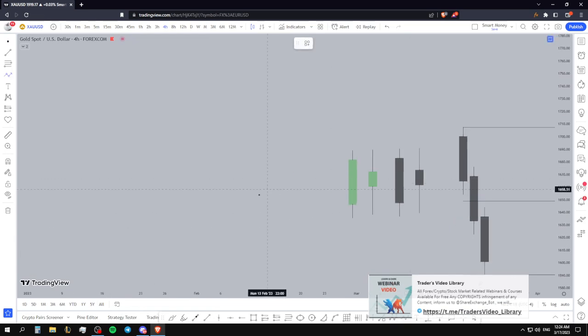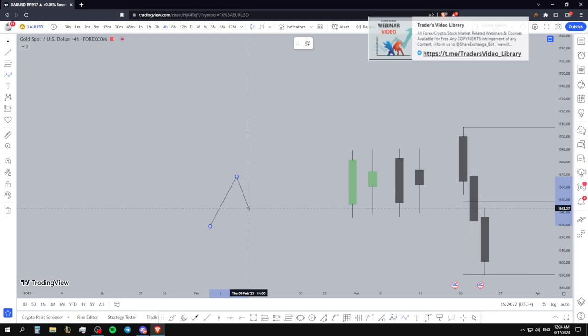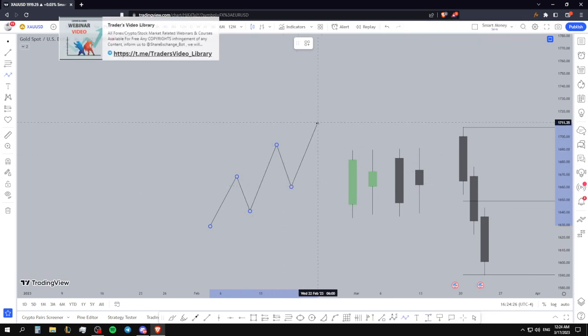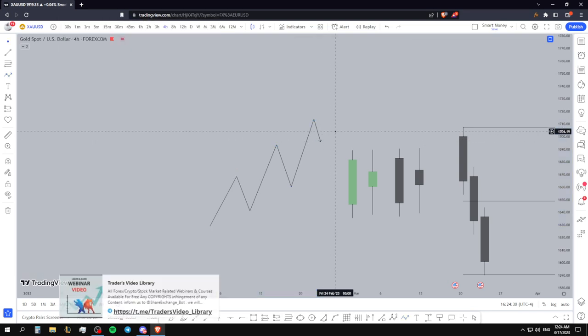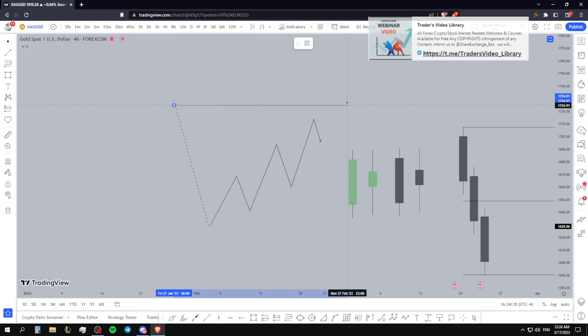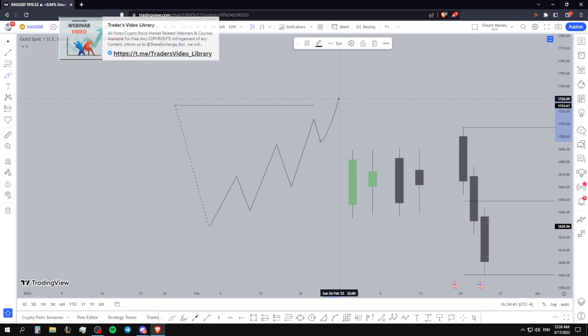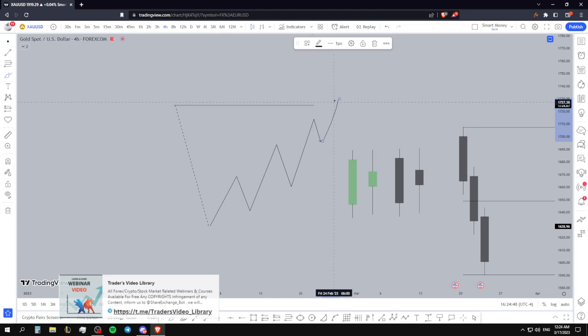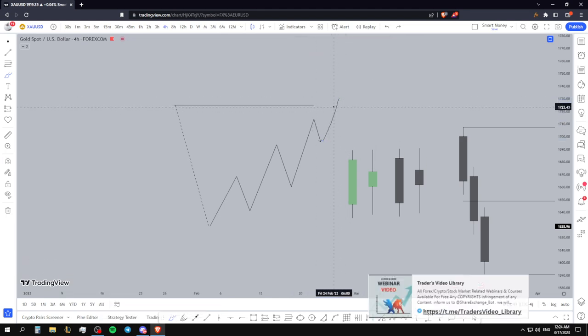So let's say market structure is going higher, making higher highs and, excuse me, higher lows. Let's say we have an old high right here. Price expands right here, and the last down close candle, which caused a liquidity sweep right here, is a bearish order block.